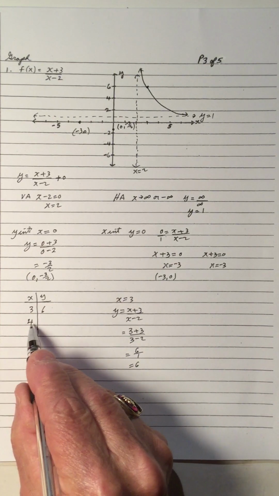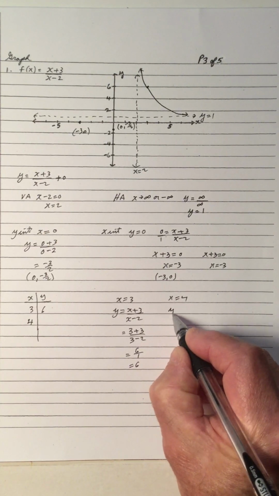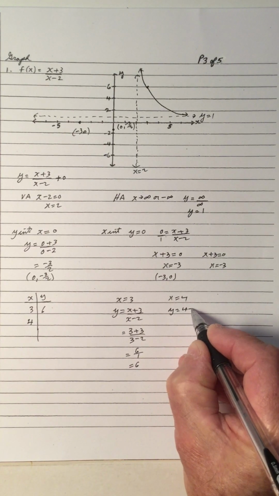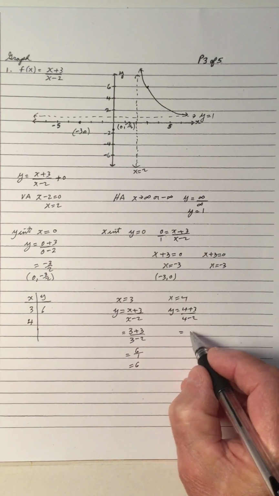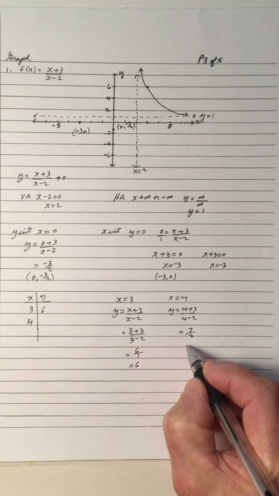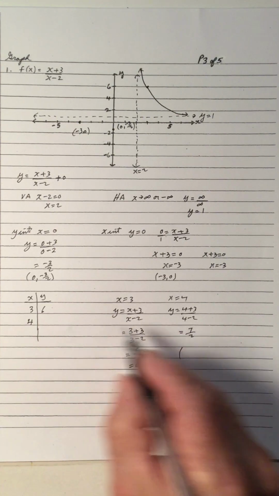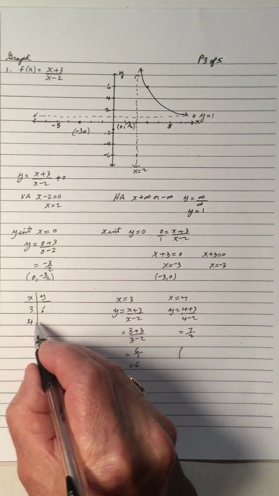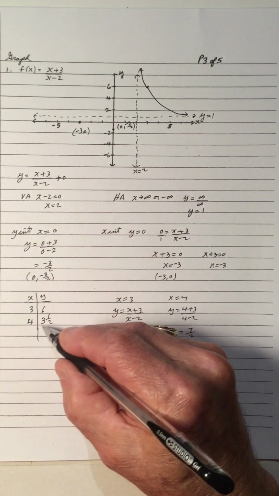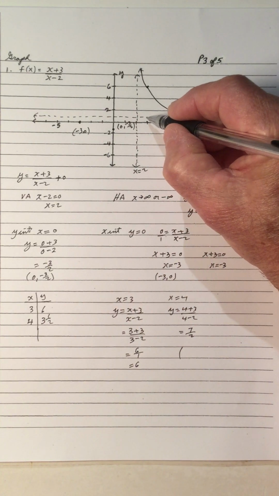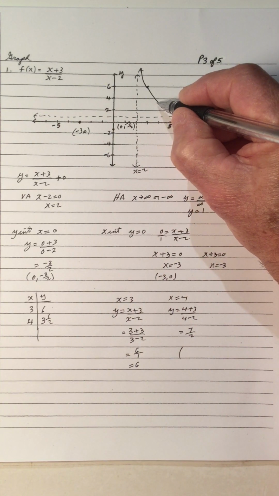So when x is 4, we put a 4 in, we get 7 over 2, so 7 over 2 is 3.5. When x is 4 right here, that's 2, 3, 4, we get 3.5.